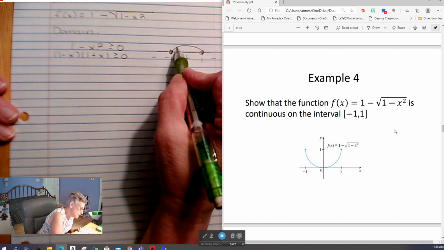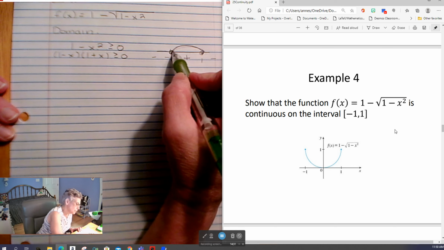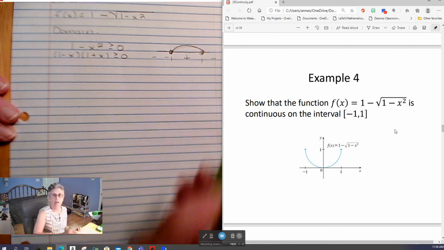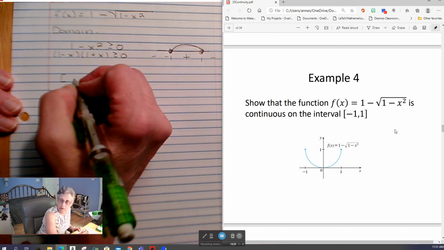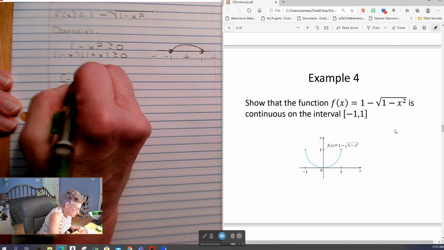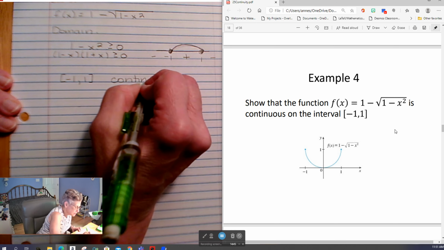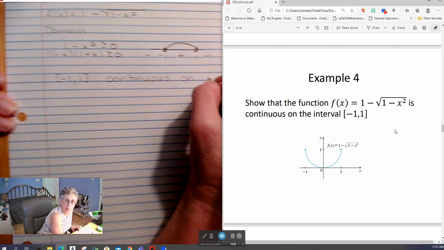So since these numbers are in the domain, and we would be continuous from the right at -1 and from the left at +1, it is indeed continuous on the interval -1 to 1. It's continuous on its entire domain.